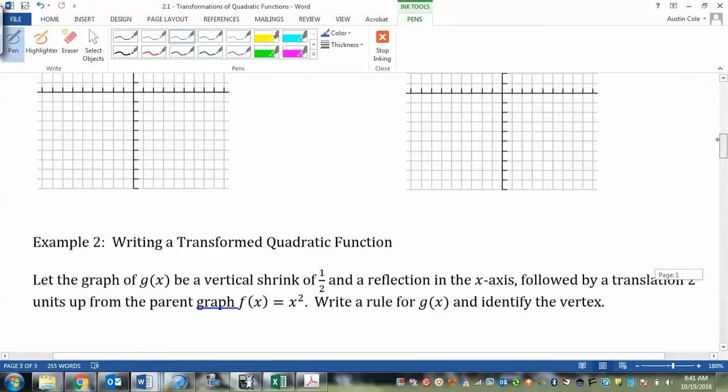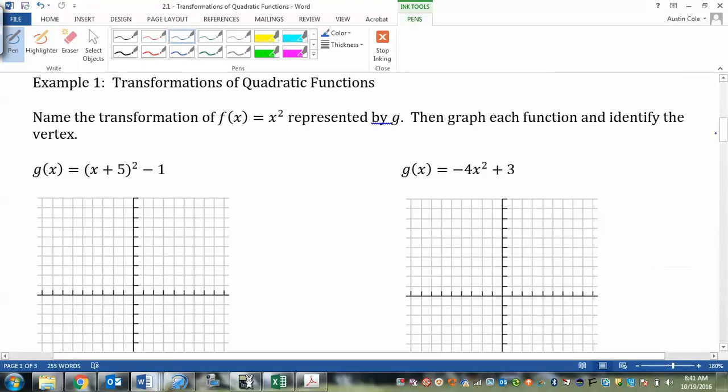Okay, here we go. Going back up to example 2. First says name the transformation. So, Luke Johnson, what's gonna happen here? What shifts, flips, transformations are gonna occur here? The x plus 5 squared. What's that gonna do? Jaden, can you have them out?